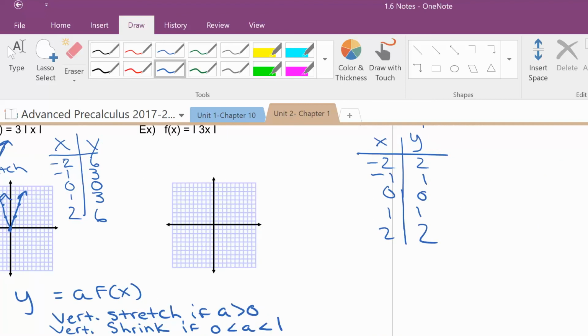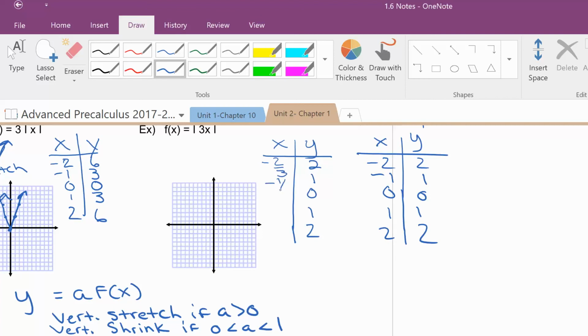Now over here, if you multiply by 3 inside, that's going to affect the x values. That means to get the same y that you would have started with f of x equals x, you don't have to put as much in. Like here, I would only have to put in negative 2/3.